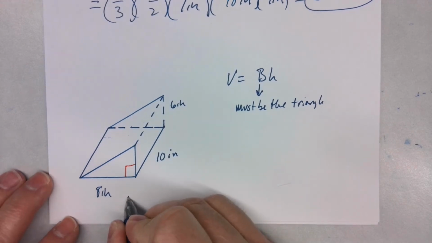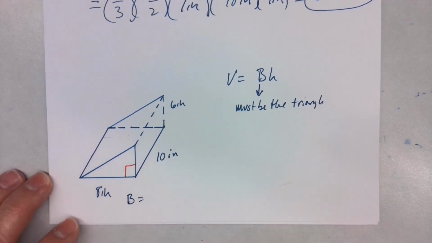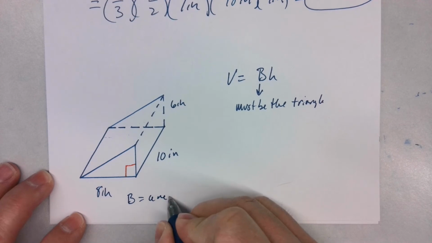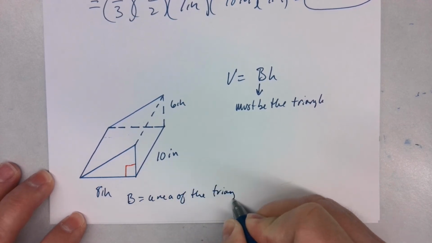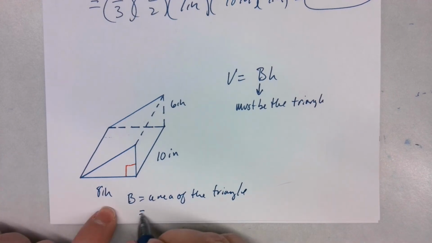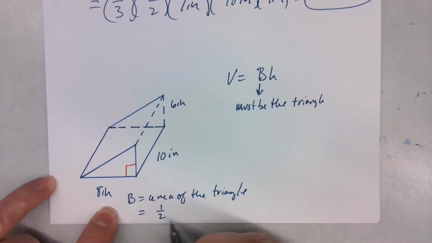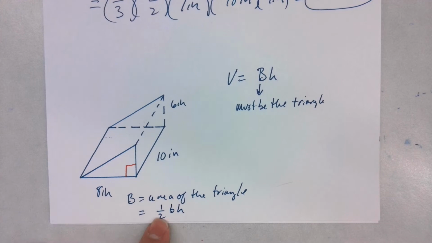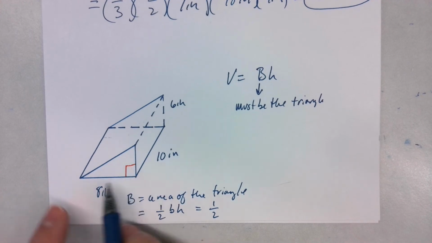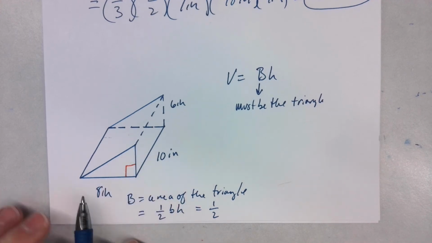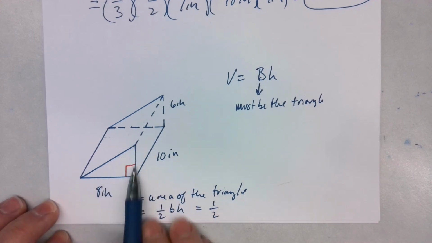So does anyone remember how to find the area of a triangle? Base times height, or base times width over 2. You were right the first time. It is 1/2 BH, right? So in this case, that is going to be 1/2, and because I'm looking at just this triangle, it's going to be 8 inches by what?